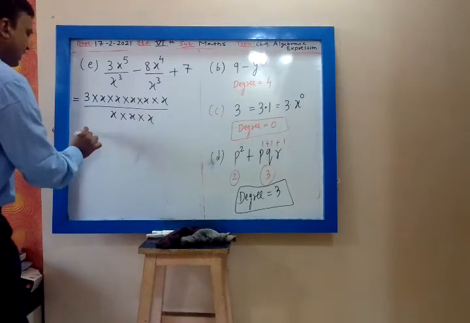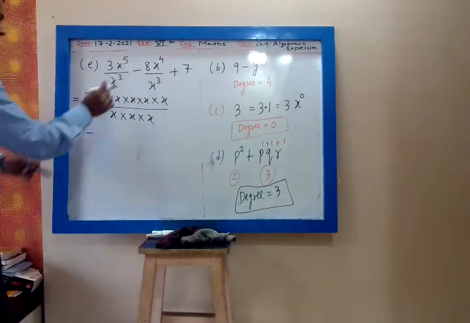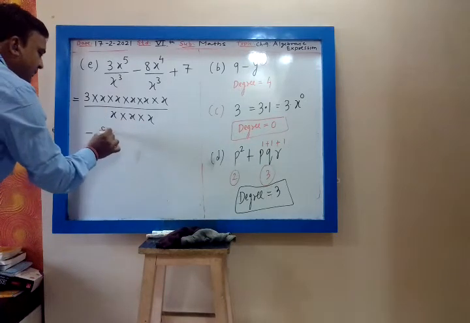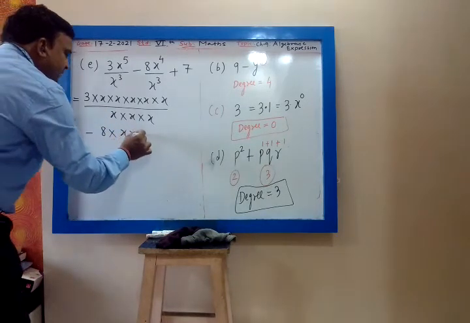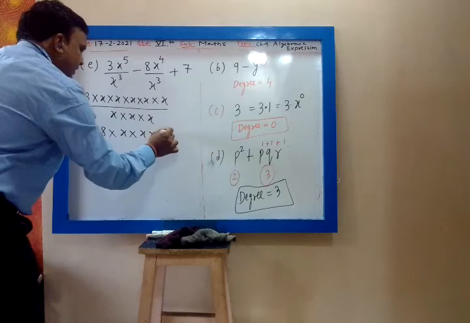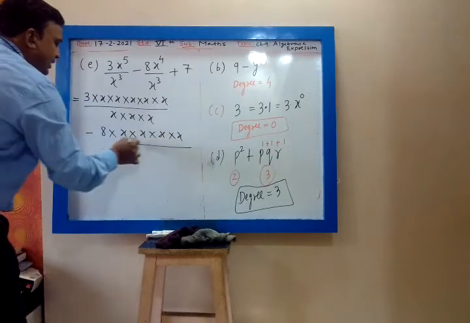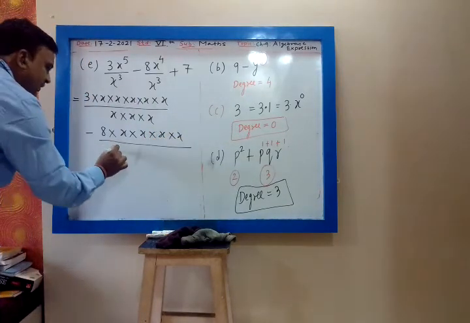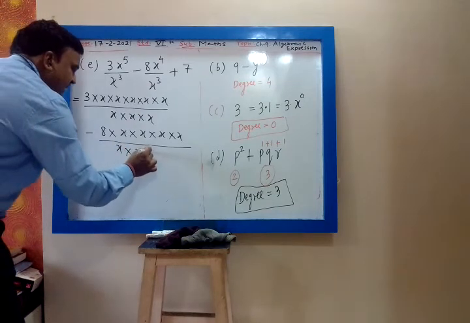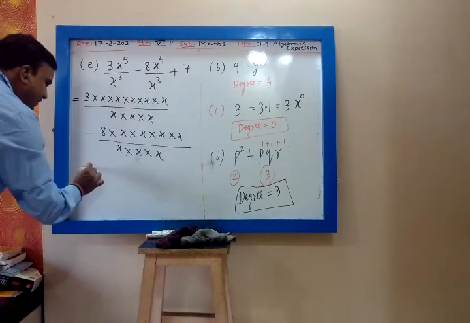Then multiply x 4 times, then multiply x 3 times. Then plus 7 we write as it is.